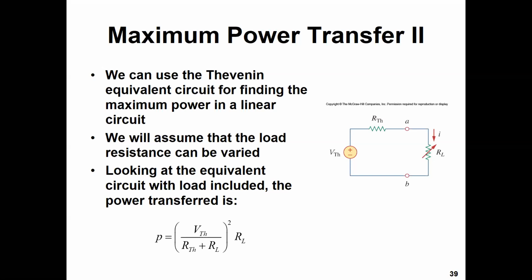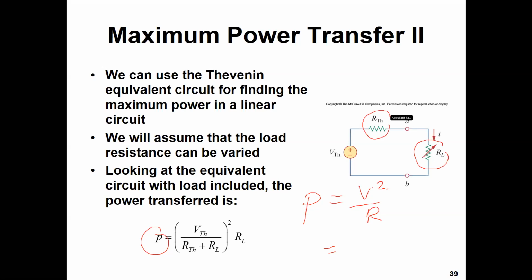So to find the P max, we know the power formula is equal to V squared over R. In this case, it's V across the load. When we need to find the power here, we mean the power across the RL, because this is our load. Some of the power will be lost through the RTH.